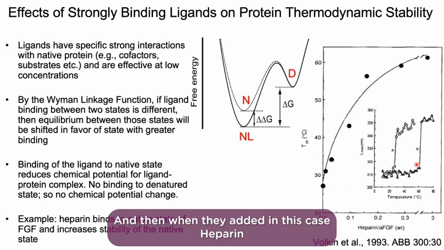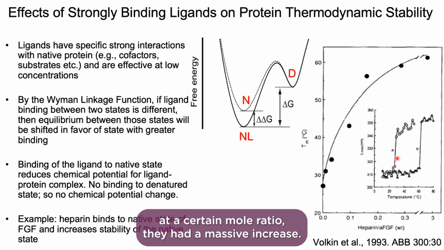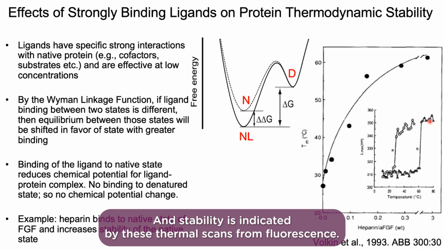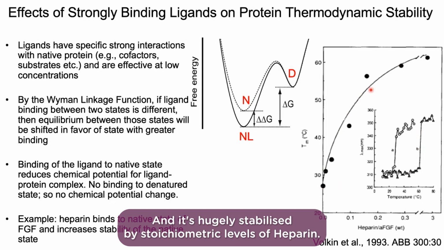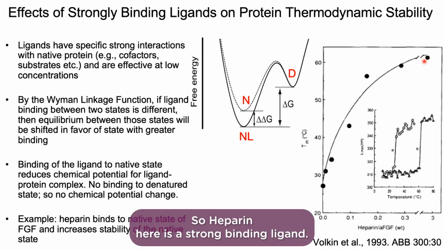And then when they added, in this case, heparin at a certain mole ratio, they had a massive increase in stability as indicated by these thermal scans from fluorescence. And then if you plot these data, this is a remarkably unstable protein, and it's hugely stabilized by stoichiometric levels of heparin. So heparin here is a strong binding ligand.